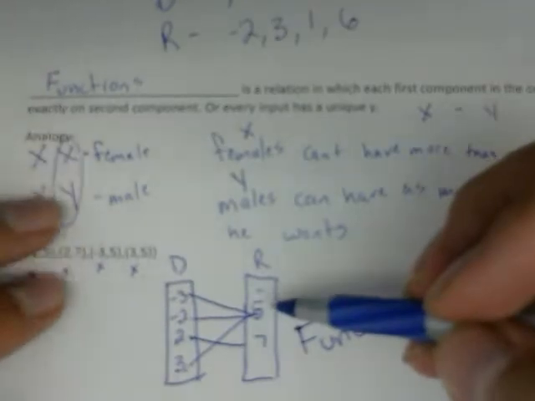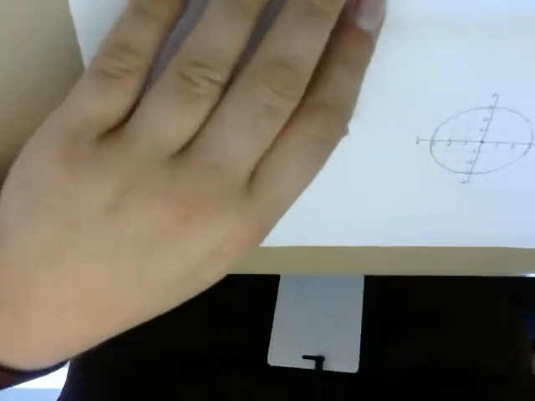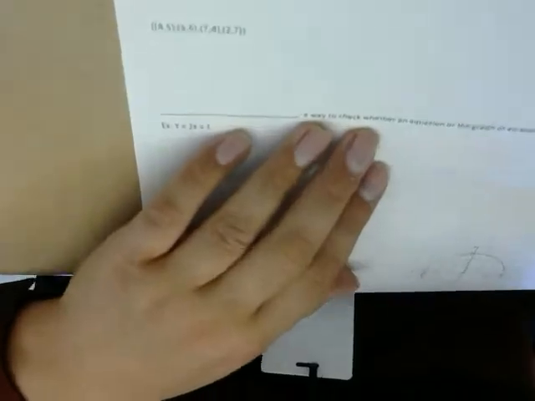Now, let's look at it when the females aren't dating just one person. So, looking at this one, we have a 3, a 1, a -3, a -4. Here, let me adjust this camera real fast. No, we'll just keep it like that.